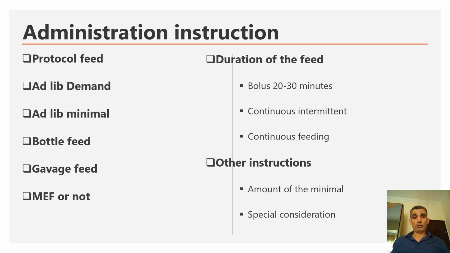If getting below that, then you need to top him up. Sometimes in certain situations, you also need to state the max. For example, if you have a renal problem or a fluid problem, although he or she is taking a good amount, you don't want to exceed a certain limit. So these are special considerations you need to be aware of when you're writing a feeding order.